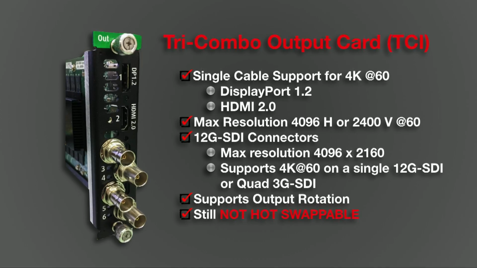We could rotate outputs by 90, 180, and 270 degrees. And this is only with the Generation 2 cards, right? Only with the Generation 2 cards. So it'll be the DisplayPort 1.2 card and then the tri-combo output card this year, and any cards that may come later this year or maybe next year. So basically anything from this point forward. Pretty much. And again, still not hot swappable. So that's a look at that.